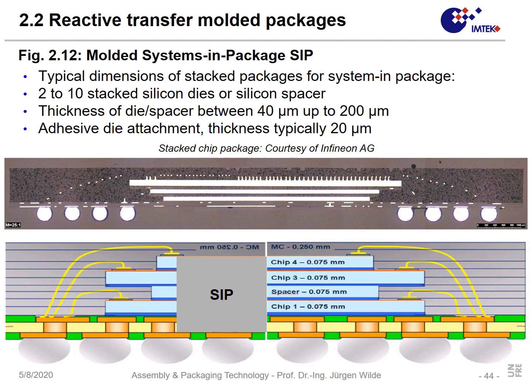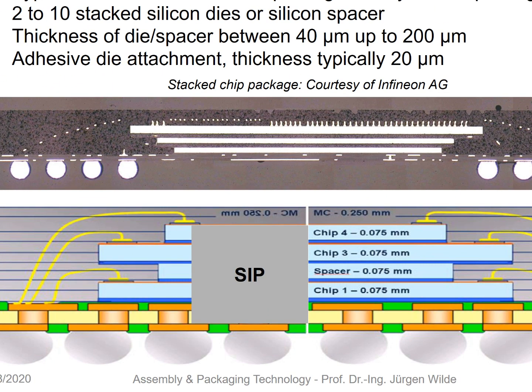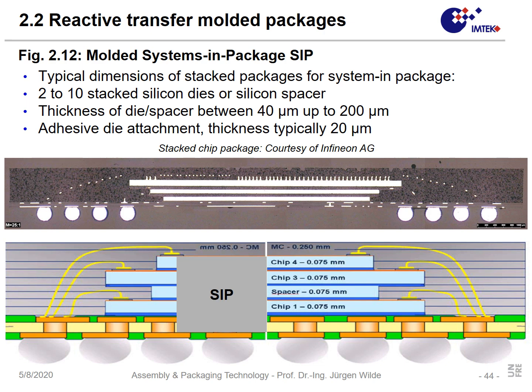Here is another thing which I already mentioned. It's a so-called system in package. You can stack chips, and just by using wire bonding, you use again an interposer. You glue the chips on top, so it's a typical wire bonded BGA.